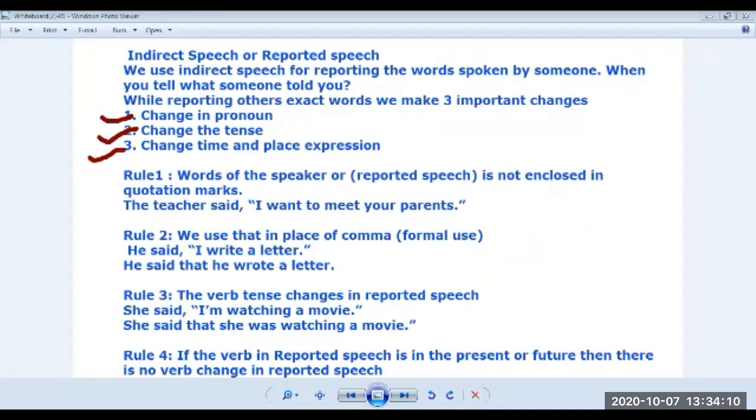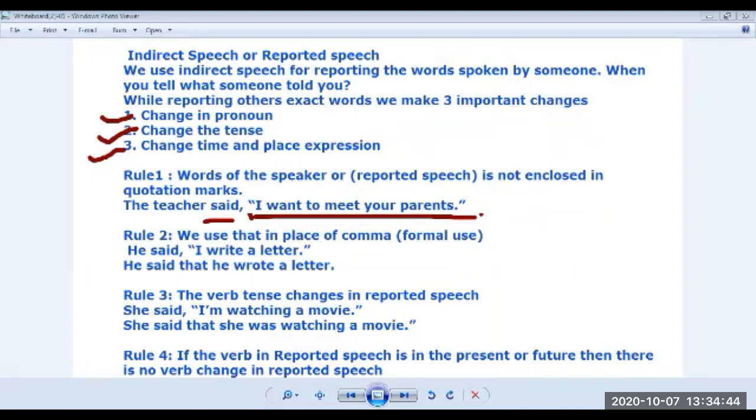Rule number 1. The words of the speaker, or reported speech, are not enclosed in quotation marks. Now we get rid of quotation marks. So this is a direct speech: the teacher said, "I want to meet your parents." This is direct, spoken directly. Here, this is my speech, this is the reported speech and this is the reporting verb.